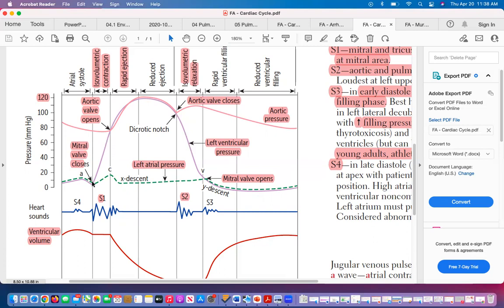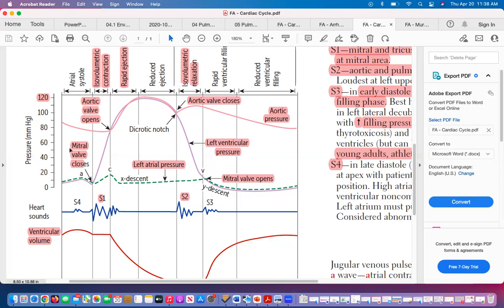So in order for the ventricle to contract and for the blood to go through the aorta, basically, we have to close the mitral valve. As you know, the mitral valve has to be closed in order for the blood to be pushed from the left ventricle to the aorta.